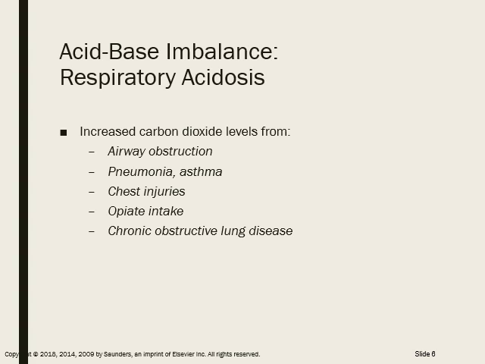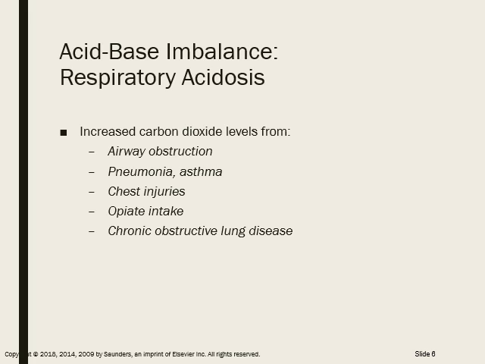A decrease in hydrogen ions results in alkalosis, which is an increase in pH. Imbalances may be considered acute or chronic. When an imbalance occurs, the lungs and kidneys try to compensate by working to bring the pH back towards normal limits.